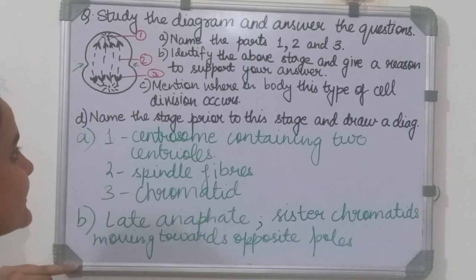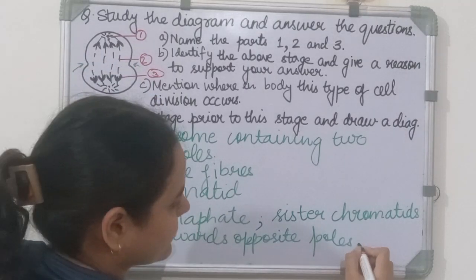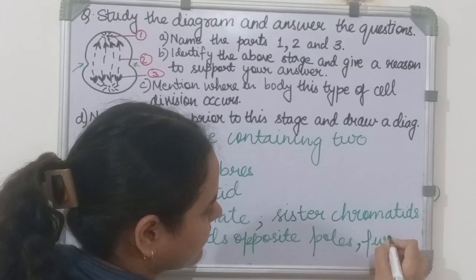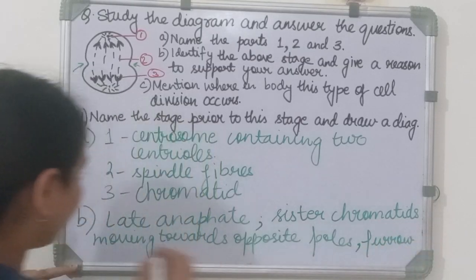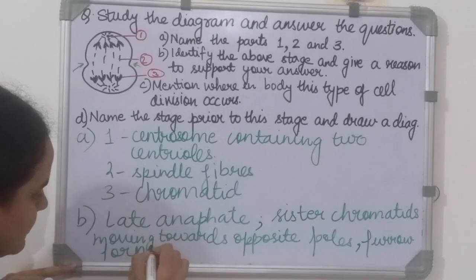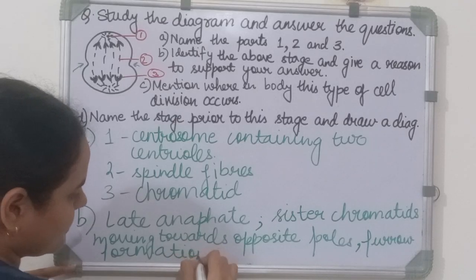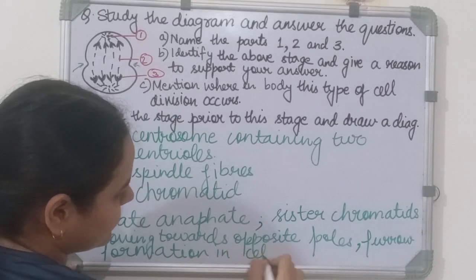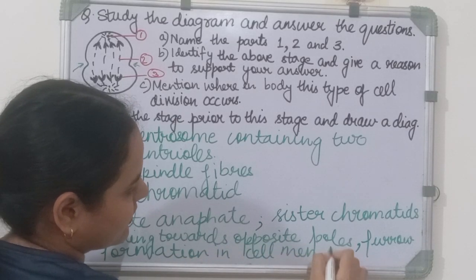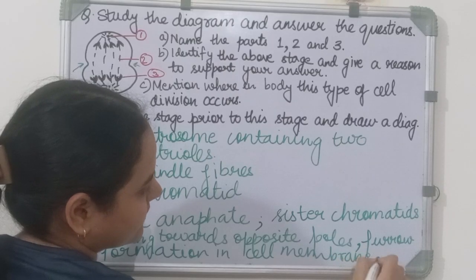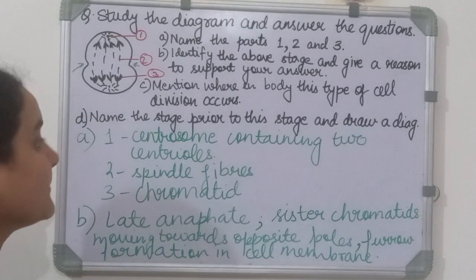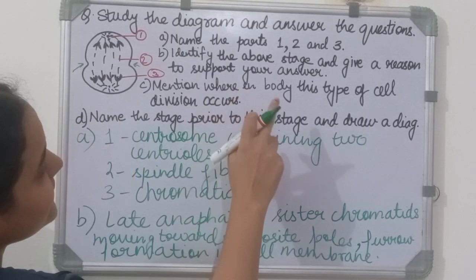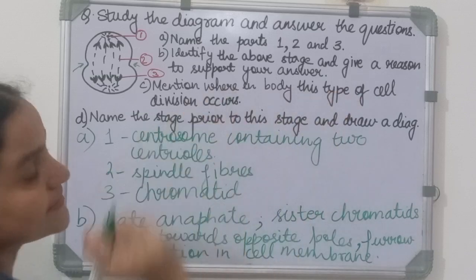Okay, and the second reason is furrow formation in cell membrane. Okay. Now the last part, mention where in the body this type of cell division occurs.